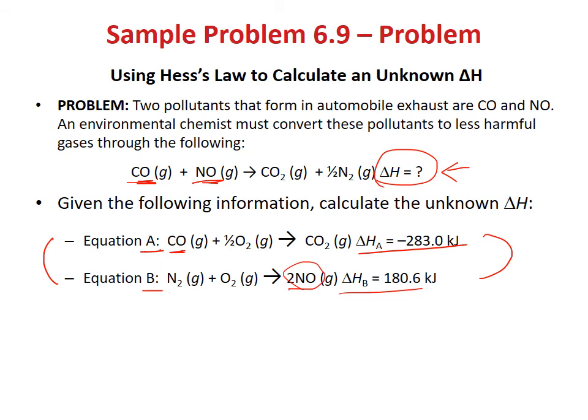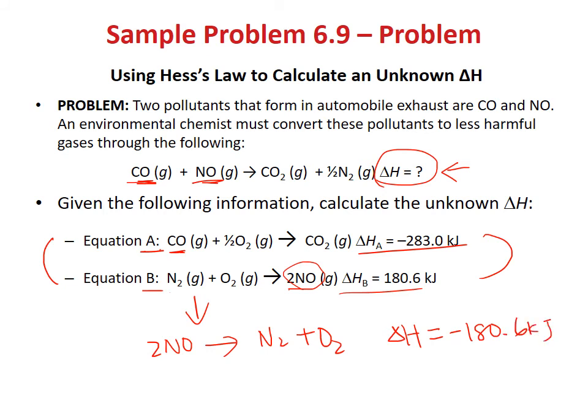So in order for the known reaction to have the same reactants, we have to reverse B. So for B, we need to write the opposite: NO forms nitrogen plus oxygen. Now when we reverse the reaction, the enthalpy must also reverse. So now the enthalpy becomes negative 180.6 kilojoules.